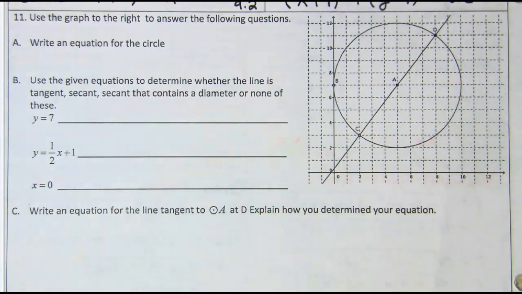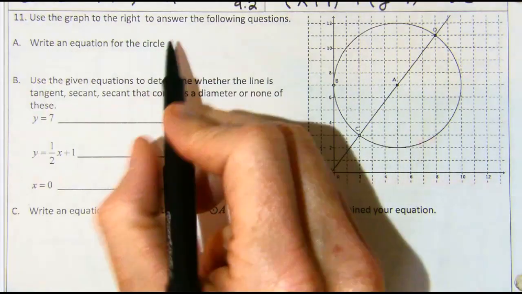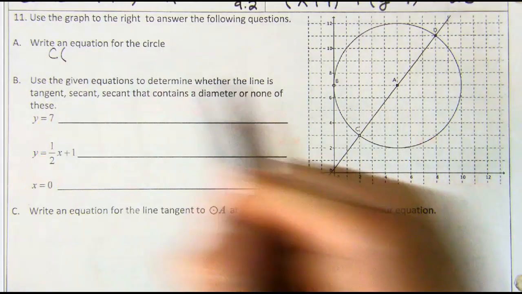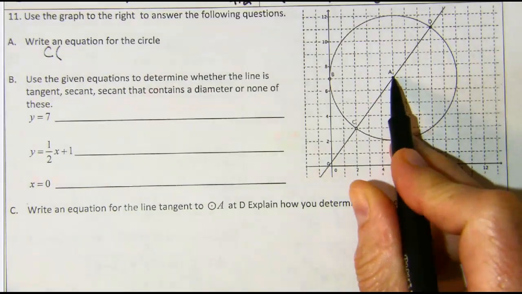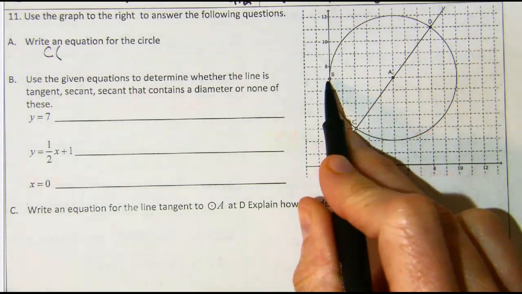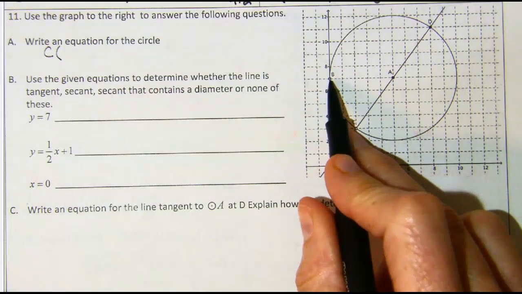It says use the graph to the right to answer the following questions. A, write the equation for the circle. So the first thing we need will be the center. It is going to be 5, 8, or excuse me, 5, 7. That looked like an 8, but that's a B, so 5, 7.